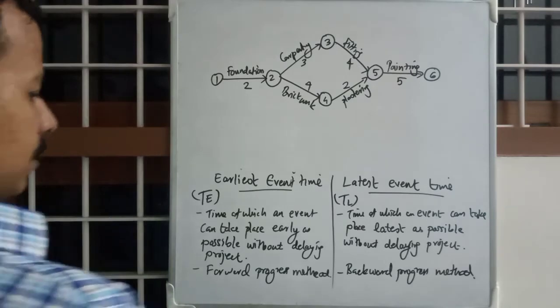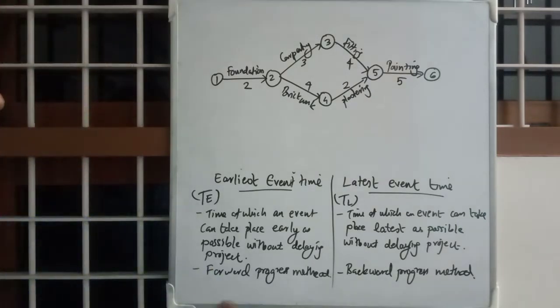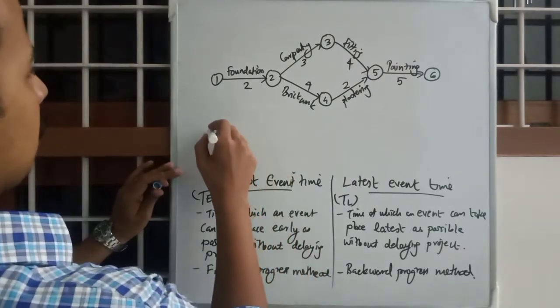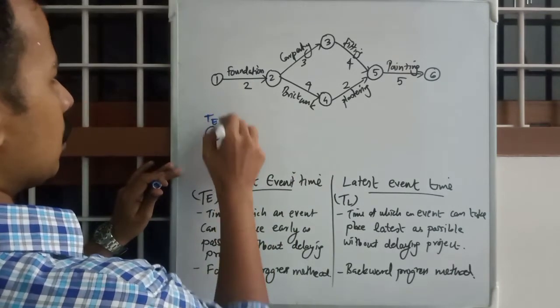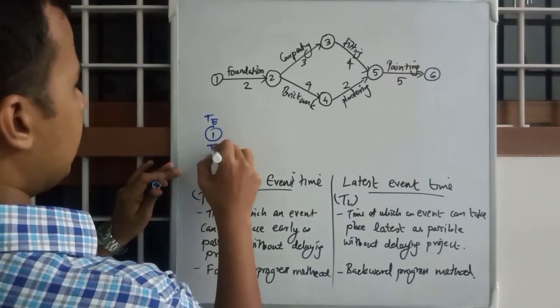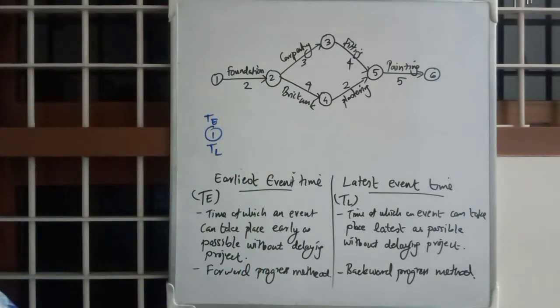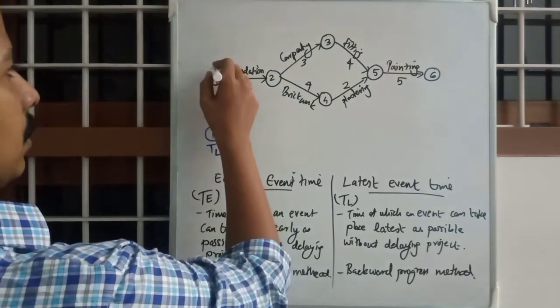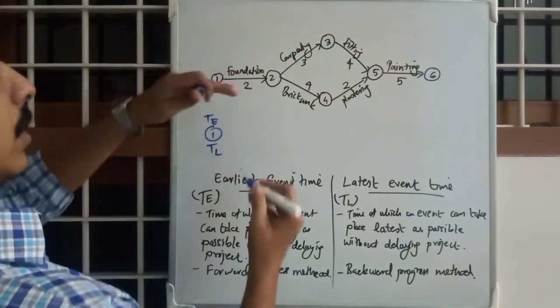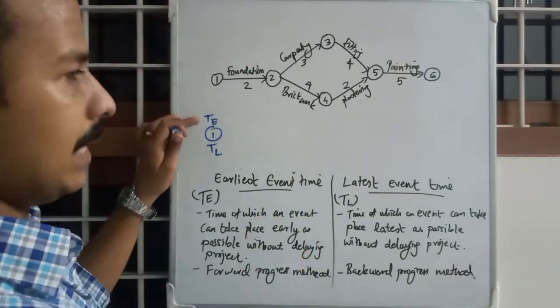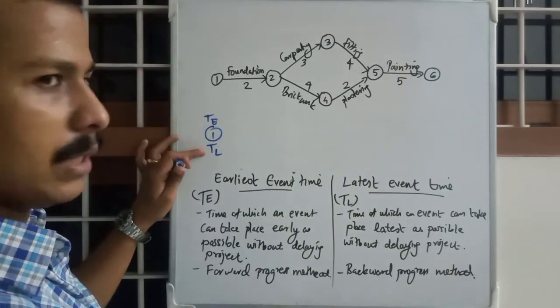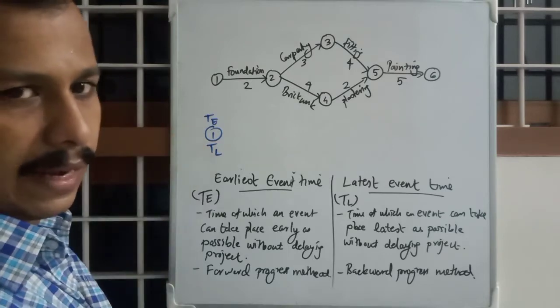Note that TE will be expressed at the top and TL at the bottom. The numbers written over the node or event will be TE, and below the event will be TL.